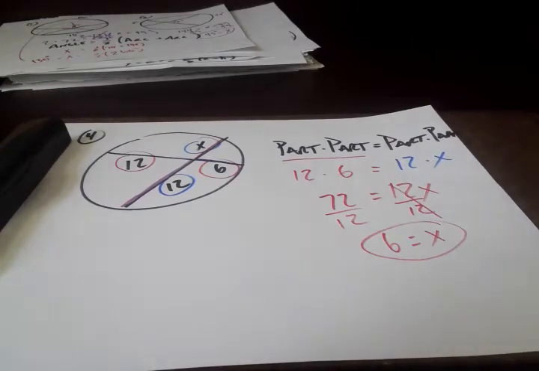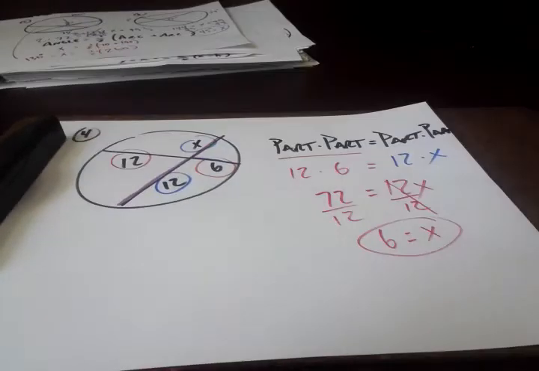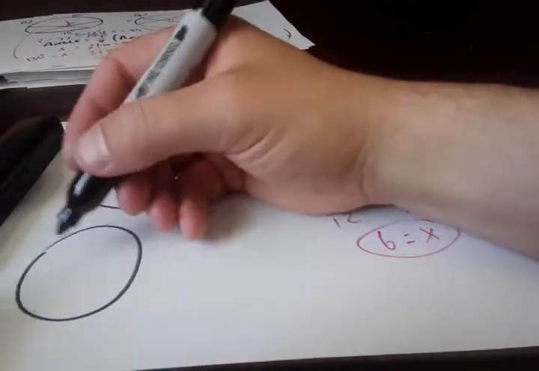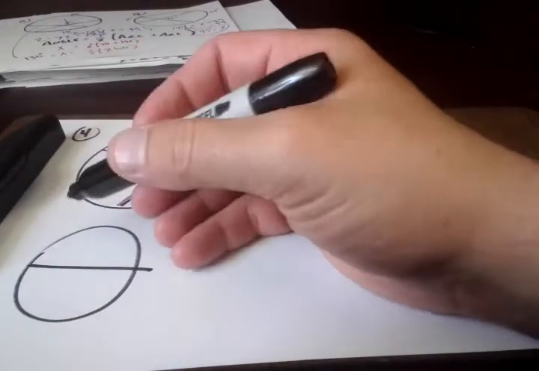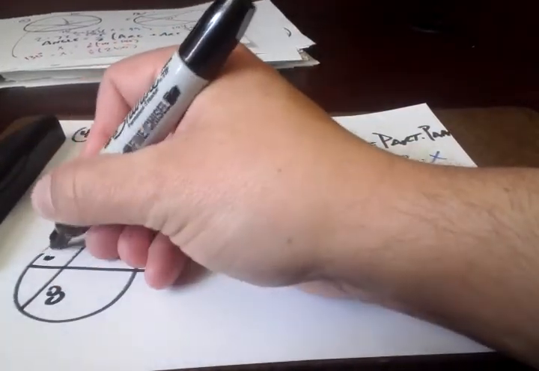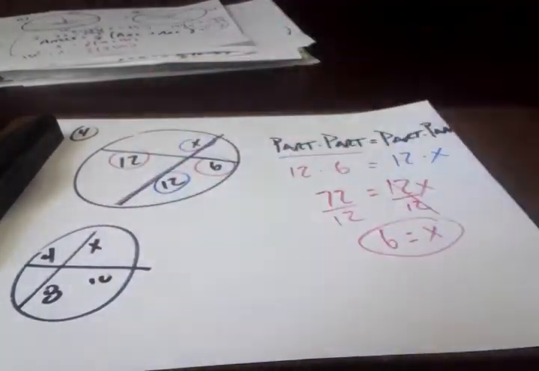Okay? All right, now it won't always be that way, right? It's not going to be like 12 and 12 and 6 and 6 every time. Let's look at 7. Okay, let's look at 7. And I'm going to real quick draw this thing over here. Still on the bottom, right? We have that part and this part. So we have x and 8 and 4 and 10.